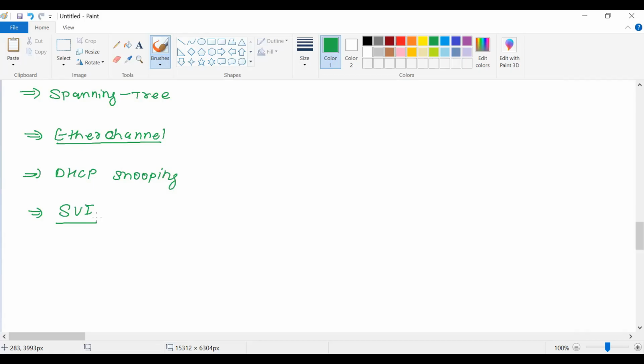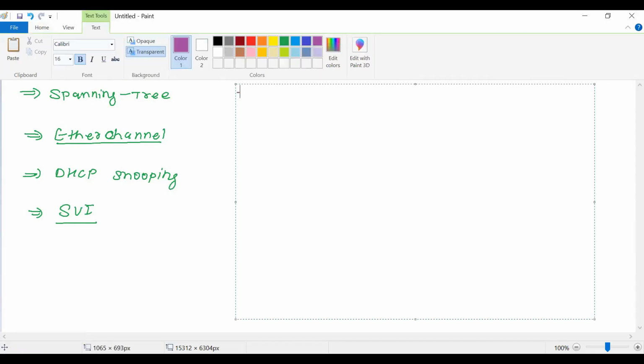So we can go with a quick revision of STP first. In STP you should have the understanding of STP. First of all, what is STP? Why is STP required?